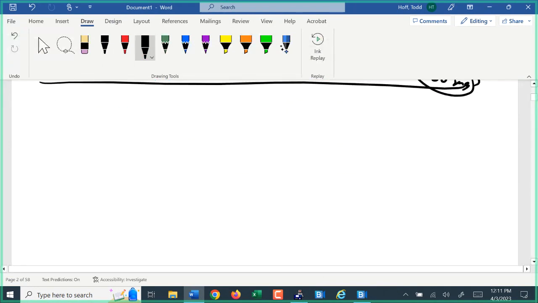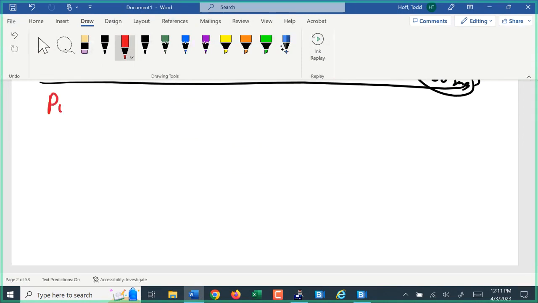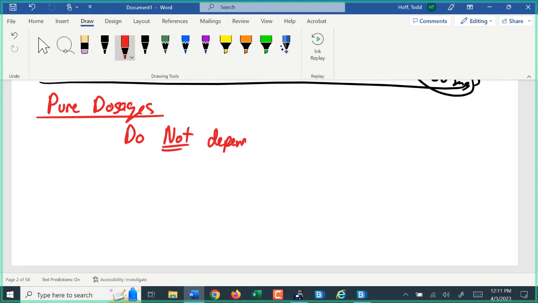So what we have done so far has been pure dosages. And what that means is these dosages do not depend on any characteristic of the patient. And so what that means is the dosages are just there.